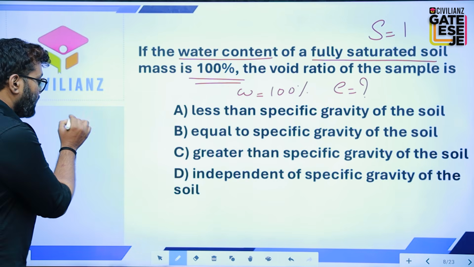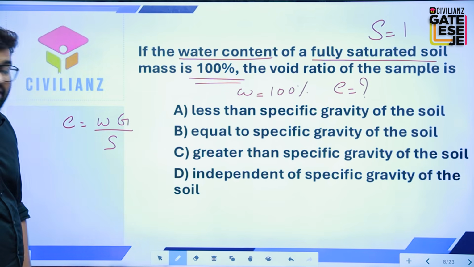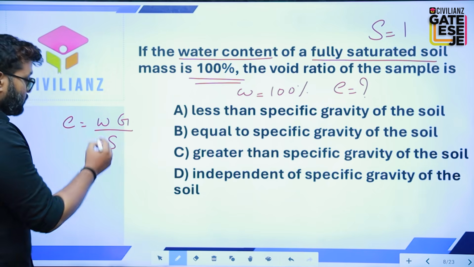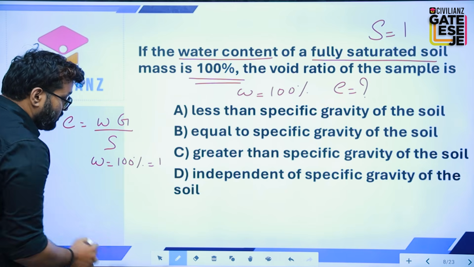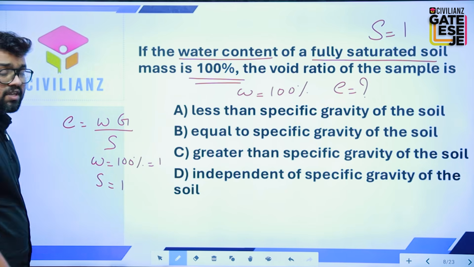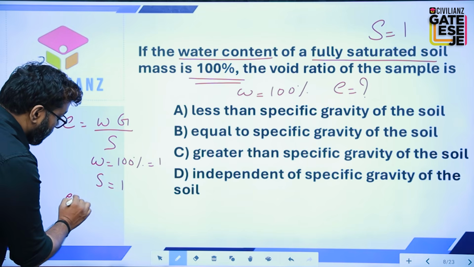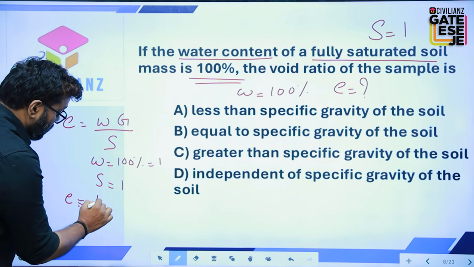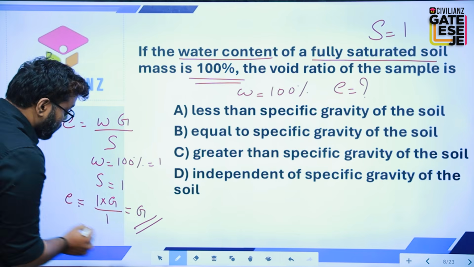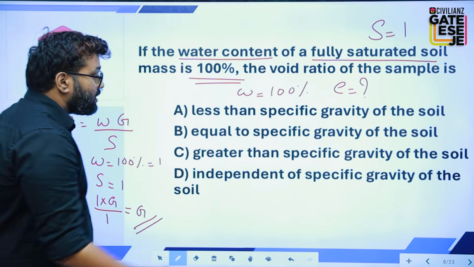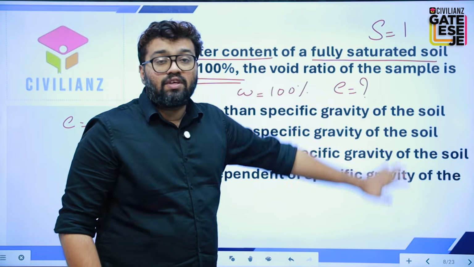We all know the equation e is equal to wG by S. Given w is equal to 100%, which is equal to 1, and S is given as 1. Since fully saturated, S value is given as 1. So e is equal to 1 into G divided by 1, which is equal to G. So e value is equal to G. So the correct answer is option B. The void ratio is equal to the specific gravity of the soil.